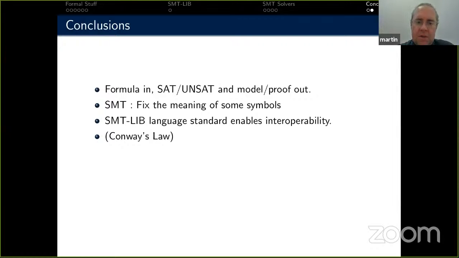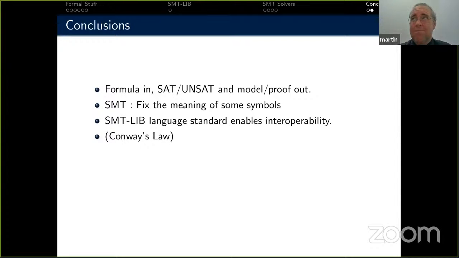The SMT-LIB language standard gives us interoperability. It gives us common benchmark suites. It gives us extensive regression test suites. Until you work with this, you may not appreciate the value of this. It is incredibly valuable as a field.